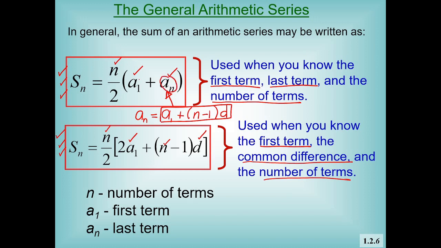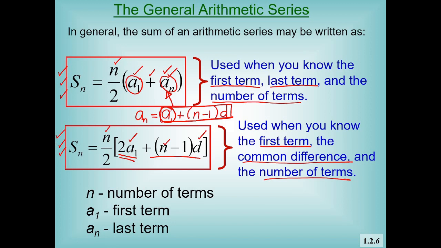So, what is A sub 1 plus A sub 1? It becomes 2A sub 1, plus we copy the remaining, n minus 1 times d. So therefore, I injected the formula of A sub n here, and this will be our second formula.